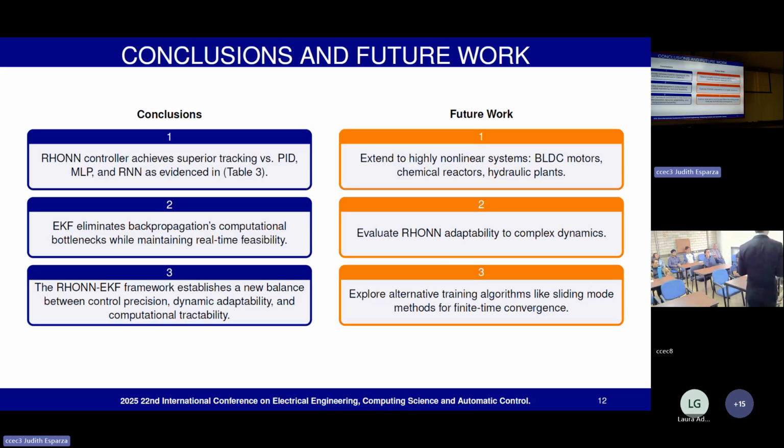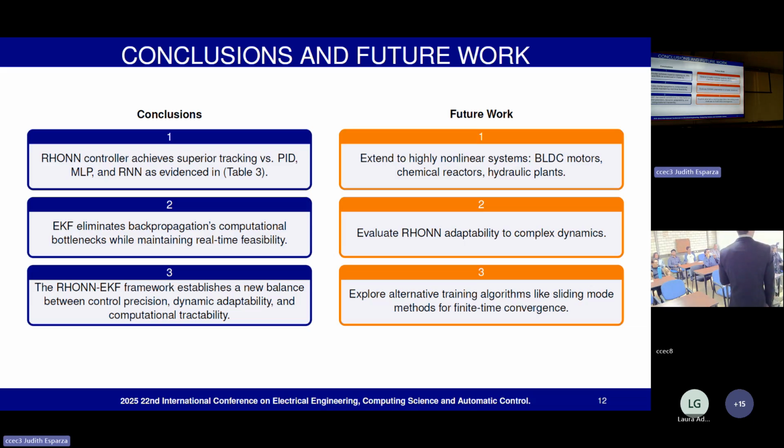So we don't need to know all of the parameters of the system. Some future work includes extending this approach to highly nonlinear systems such as BLDC motors, chemical reactors, or hydraulic plants.